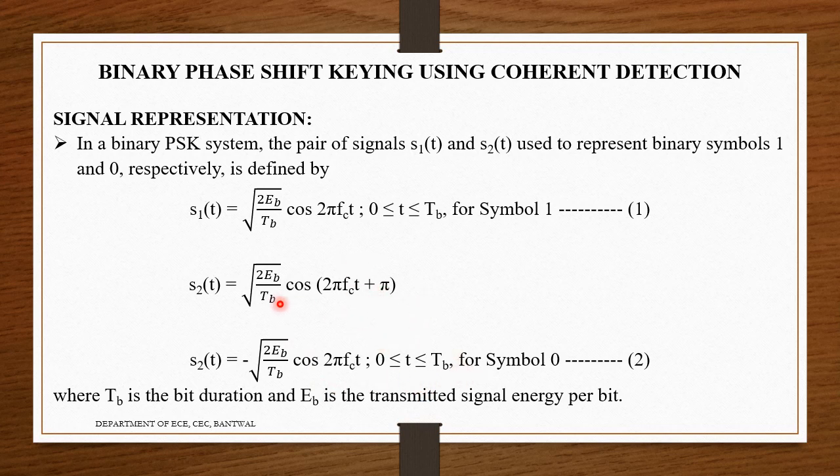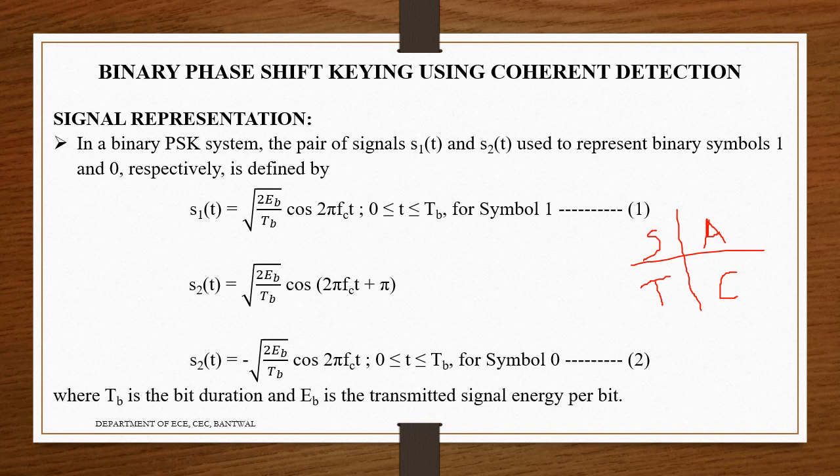For cos of A plus B, you expand it as cos A cos B, and you write the pi as 180 degrees. In short, I am telling how to represent these things using ASTC: all, sine, tan, cos, where all are positive in the first quadrant, then sine positive, tan positive, cos positive.